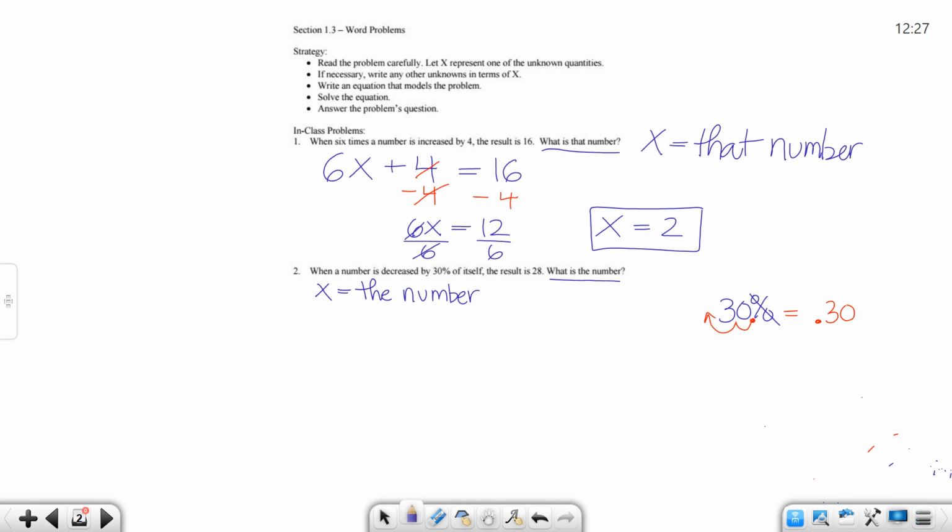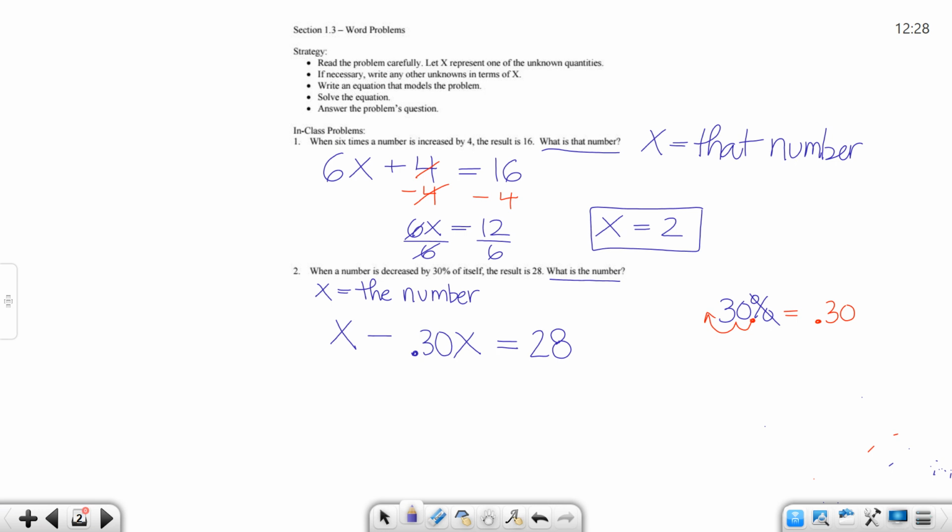Okay, so let's begin this one again. It says when a number, X, is decreased, minus, by 30%, that would be 0.30 of itself. So itself would just be X. The result is 28. Now let me stop there for just a second. Percent means part of a whole.